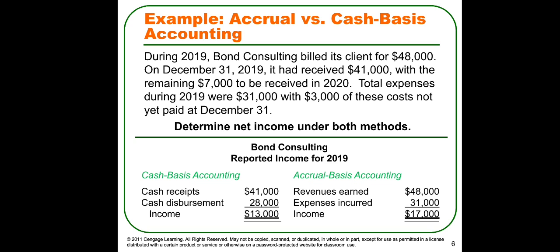In year 2019, Bond Consulting billed its client for 48,000. To bill its client means this business has provided services to this client. When a business has provided services to clients, the business will send a bill.